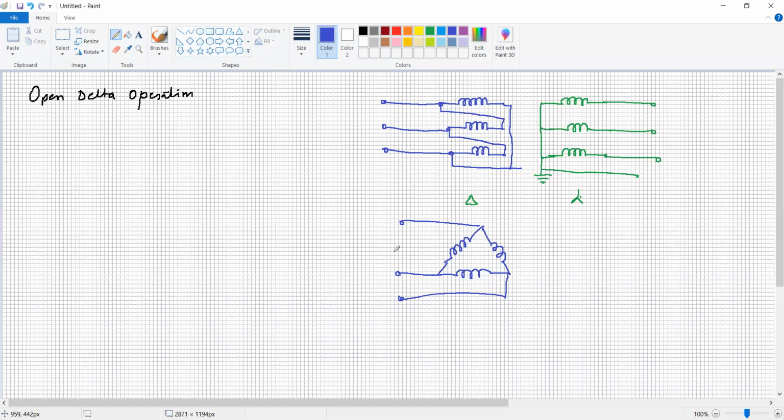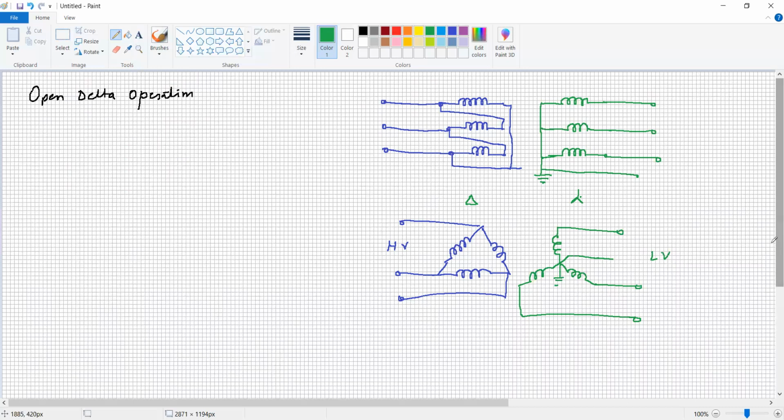As a distribution transformer, it is the HV winding, and here it is the LV winding, which is star connected, with a neutral point, a neutral conductor. Between phase and neutral it is 230 volts, and between phase and phase it is 400 volts. Okay, so this is one type, the distribution transformer.